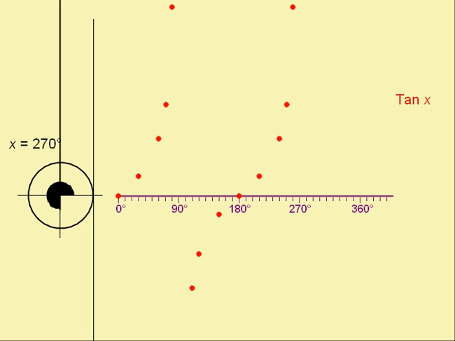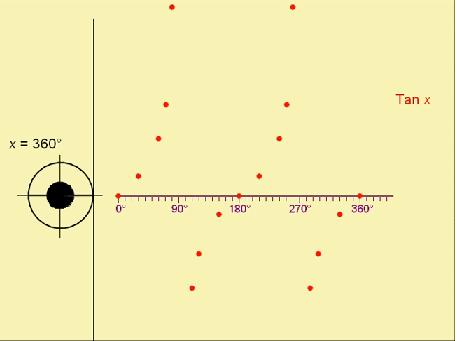Again, the line is now vertical and will not meet the tangent, so we get another infinity value and another asymptote on the graph. We've now completed a full rotation, and tan x is back to 0 at 360 degrees.